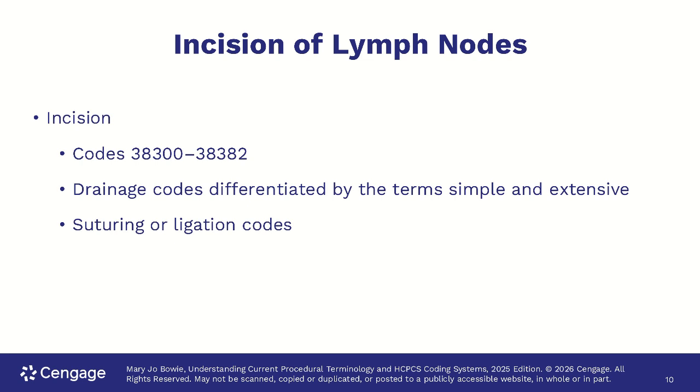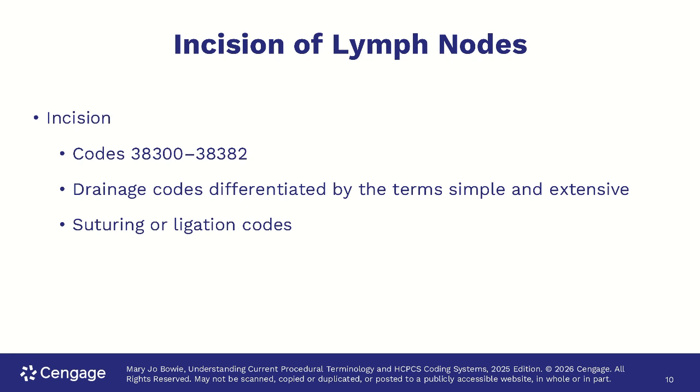The first few codes are used to report drainage of a lymph node abscess or drainage of an inflamed or enlarged lymph node, such as lymphadenitis. These codes are differentiated by the terms simple and extensive. And we need to see documentation of why it's extensive in that note.